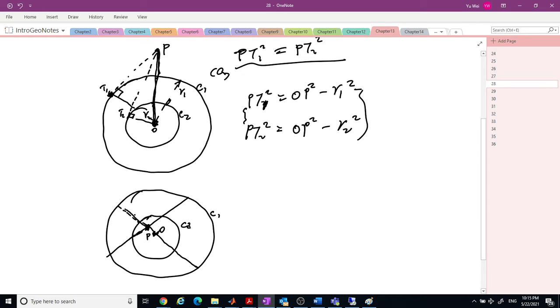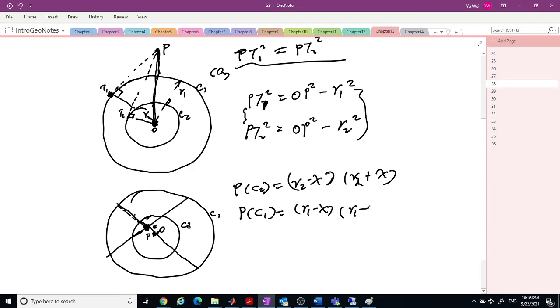So that's the power of the P. Let's say OP is X. So the power of P for circle 2 is R2 minus X times R2 plus X. The power of C1 against P is R1 minus X times R1 plus X. This is R2 squared minus X squared, and this is R1 squared minus X squared.